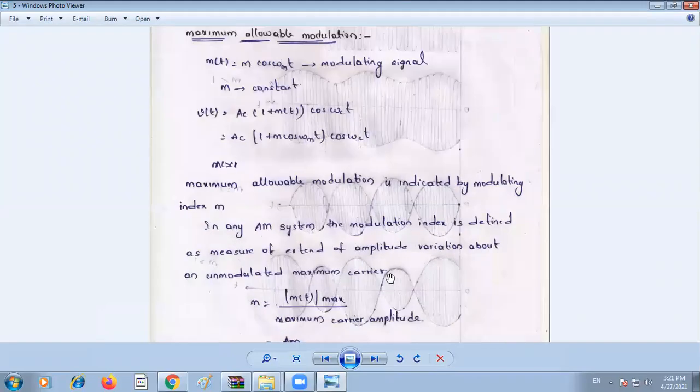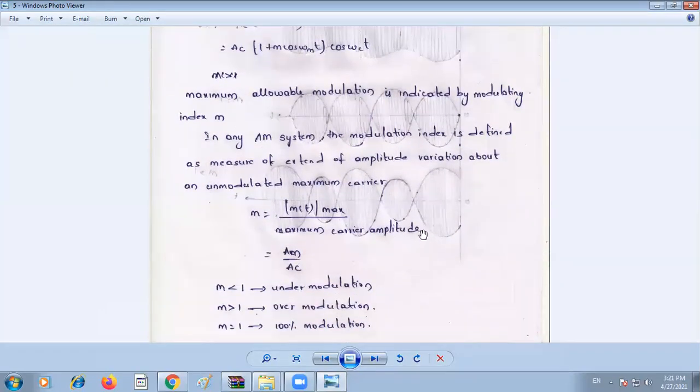Now the maximum allowable modulation: how much percentage of modulation is allowed? That depends upon the modulation index. The modulation index is Am by Ac, that is the maximum amplitude of the modulating signal by the maximum amplitude of the carrier signal. When M is equal to 1, that is the maximum allowable modulation, where Am is equal to Ac.